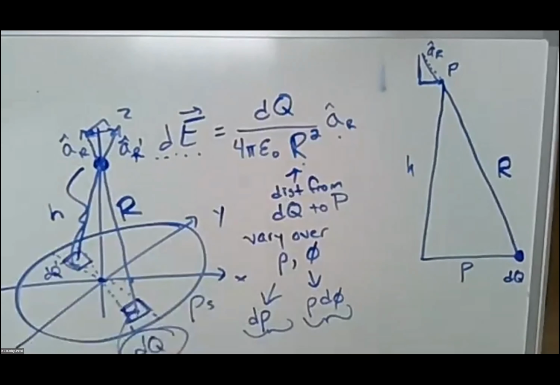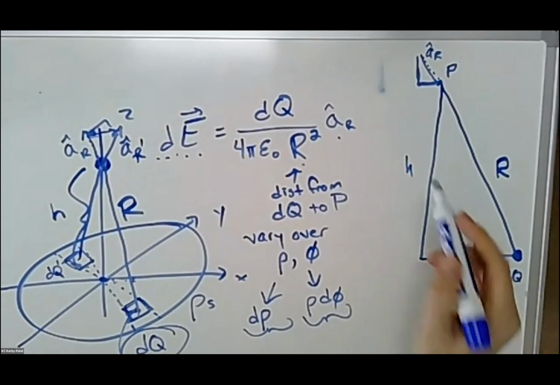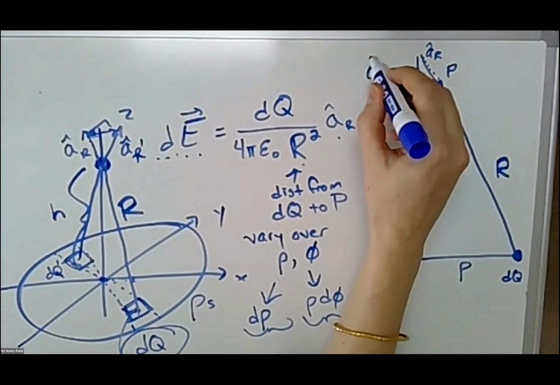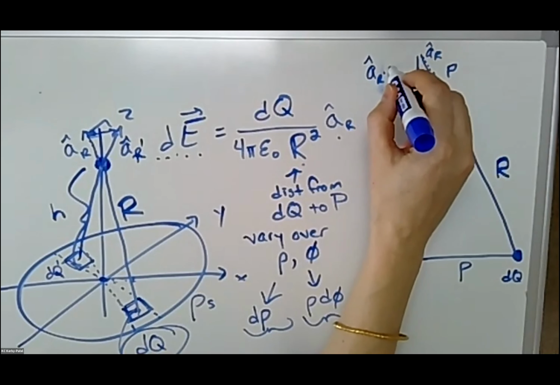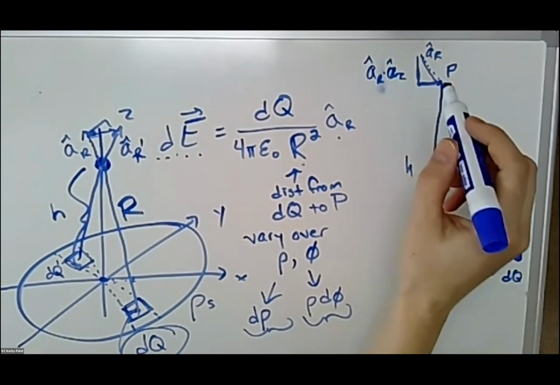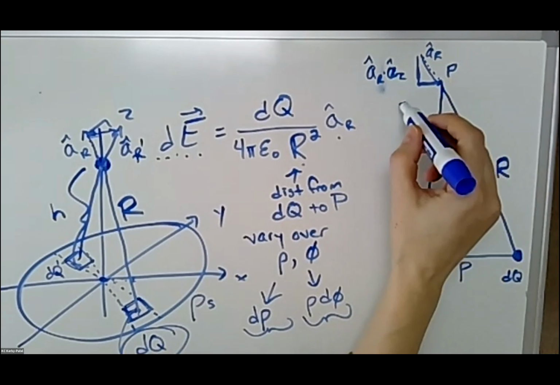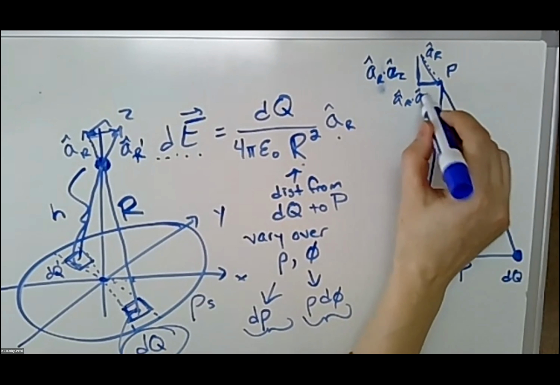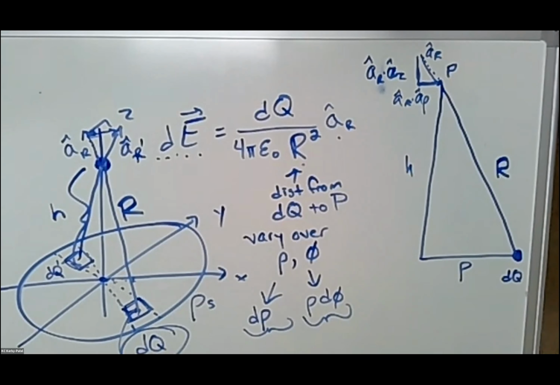Let's find out the value of this. I can write it as the dot product, a hat r dot z hat, or a hat z to have consistent nomenclature here, and a hat r dot a hat rho are those two lengths.